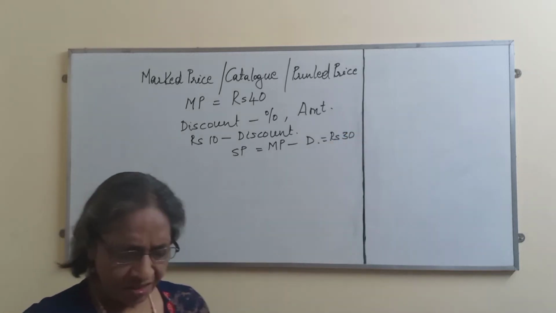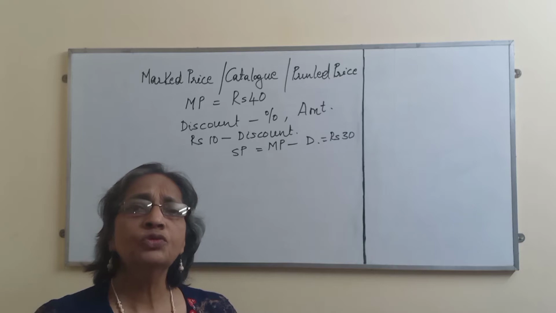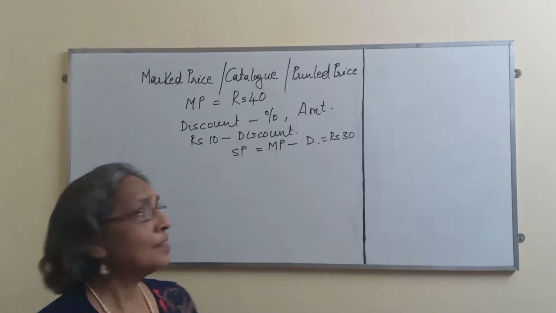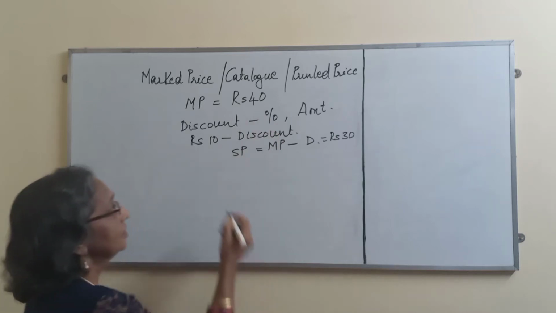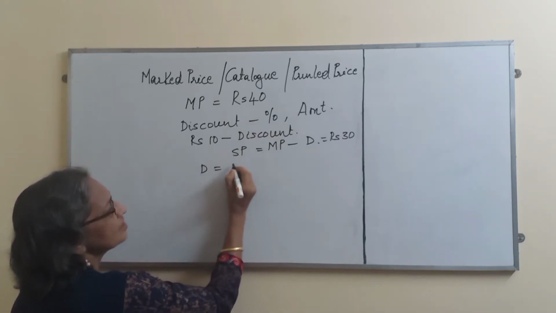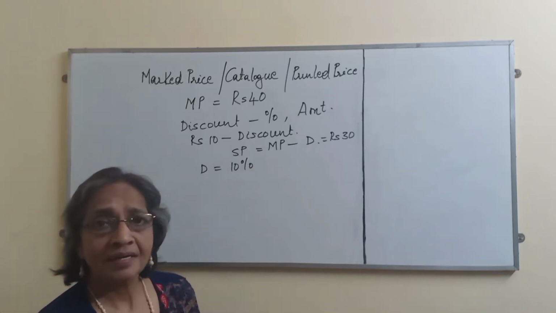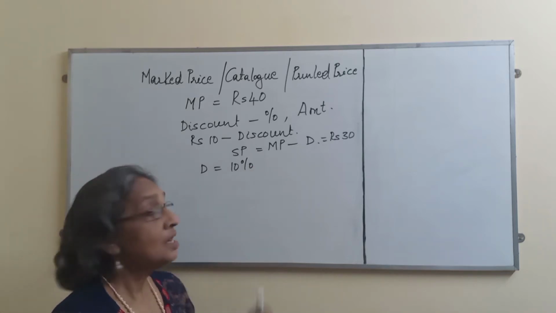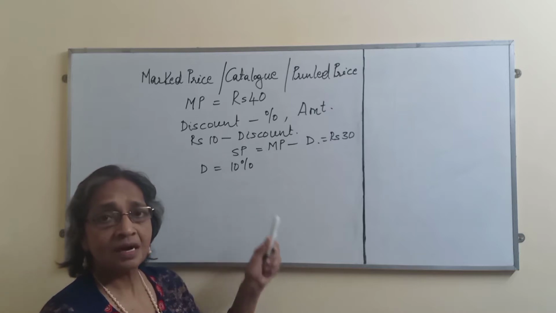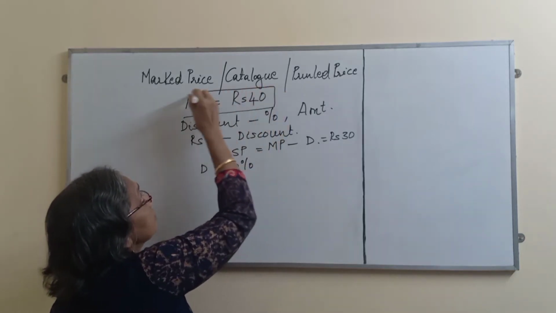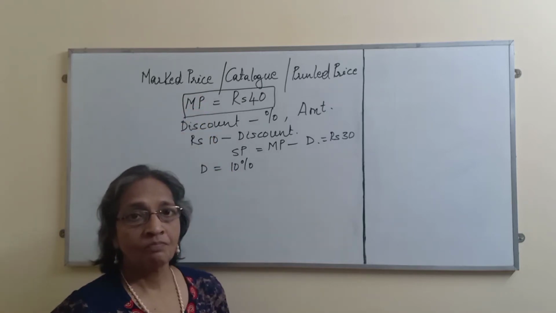Now sometimes this discount is given to you as a percentage. So on the same sum, if we take that the discount is say 10%. Now the 10% will be on what? Remember one thing, the discount is always calculated on the marked price. Alright?